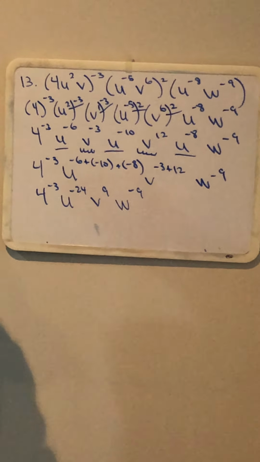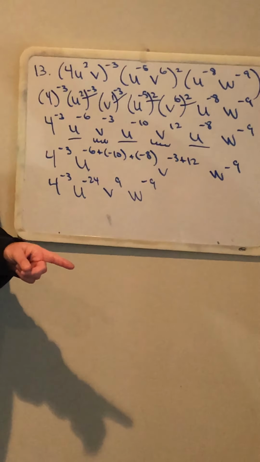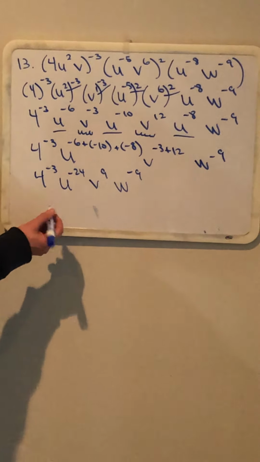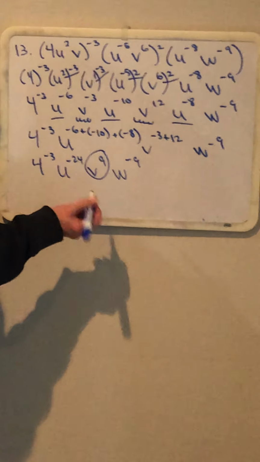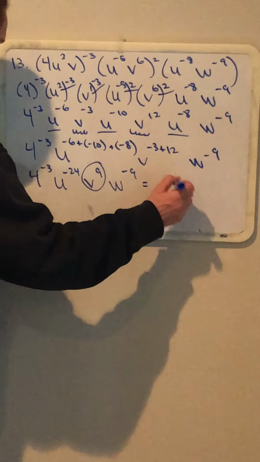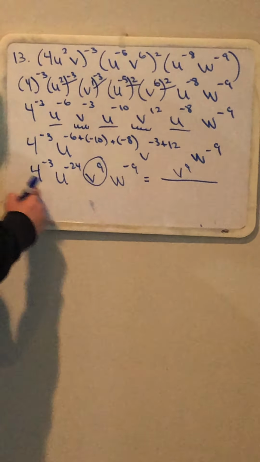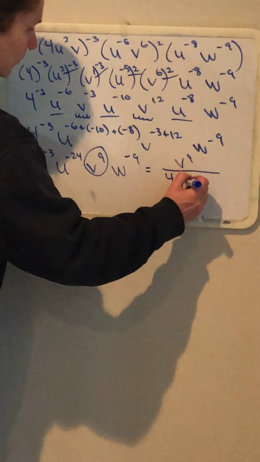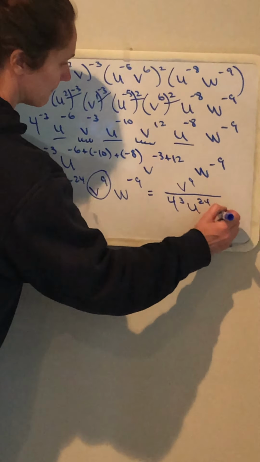Not allowed to leave negative exponents in my final answer. So now I have to move all the negative exponents. So right now there is no denominator, but these are all considered numerator parts. So this becomes v to the 9th, who stays on top because it's the only one that doesn't have a negative power, over 4 to the 3rd, u to the 24th, and w to the 9th.